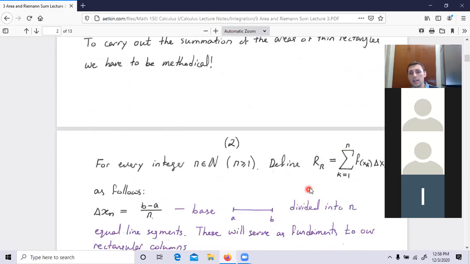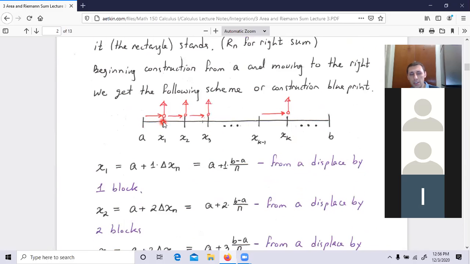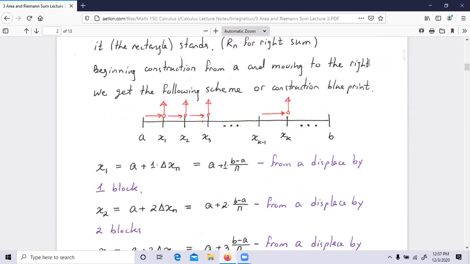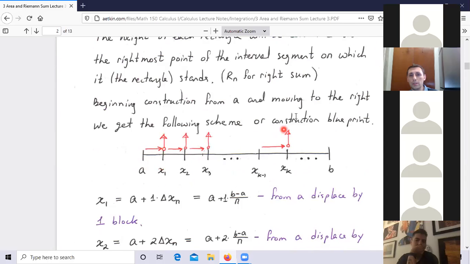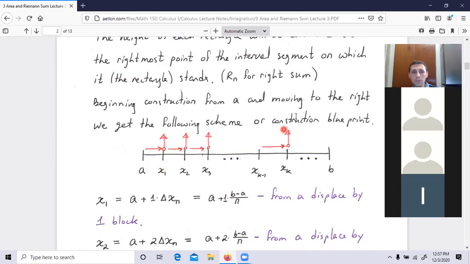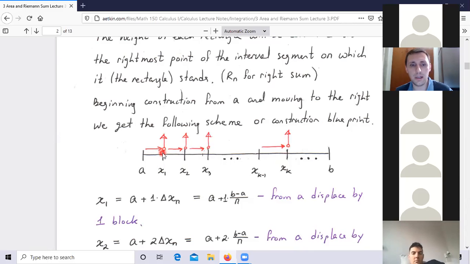R sub n means that at each right edge of the base, that's the point I will use to erect the altitude. Are you with me? You understand what I'm trying to do? I have some curve, and for that curve, I will want to build a bunch of rectangles. And I will use the right-hand point to plug in and create the altitude for the rectangle. Do you understand? This is my building plan.